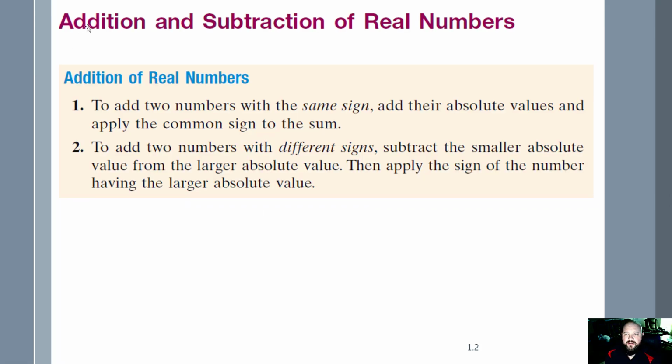So add and subtract of real numbers, addition of real numbers. To add two numbers with the same sign, add their absolute values and apply the common sign to the sum.